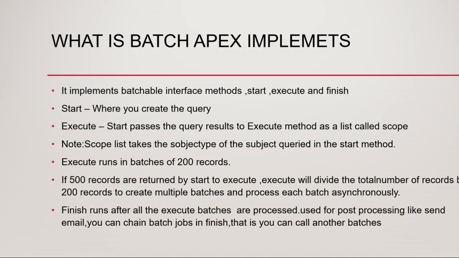Execute will divide it by 200 records, and each batch will run with 200. The first will run with 200, the second with 200, and the third batch will contain 100. Basically it will run in batches of 200. If you send it 1000 records, it will break it up by 200 and run 5 different batches. That is how it will run, and each execute batch will run asynchronously.